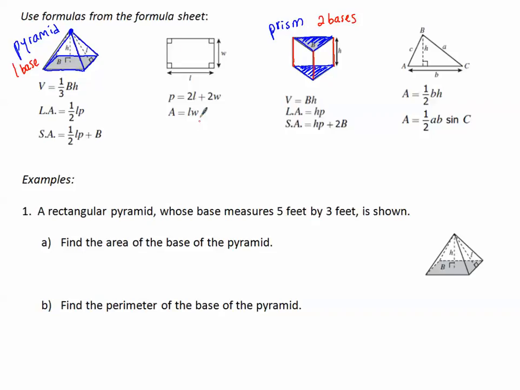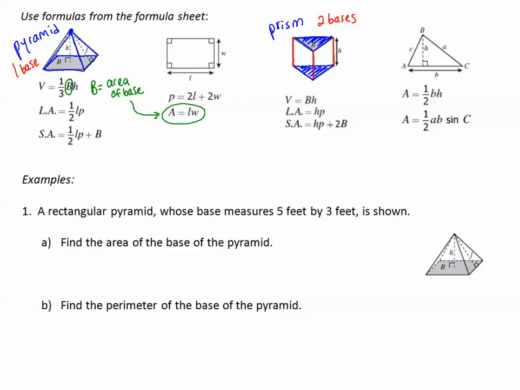And these are going to be helpful two-dimensional figures that show us the perimeter or area of that base. For example, in our formula sheet, we have the capital B when we're trying to find volume. The capital B represents the area of the base. And if the base is a rectangle, look at this rectangle and use this formula for the area of the base.